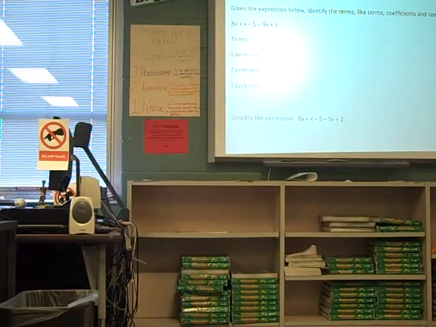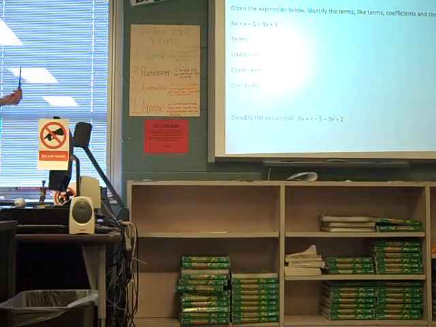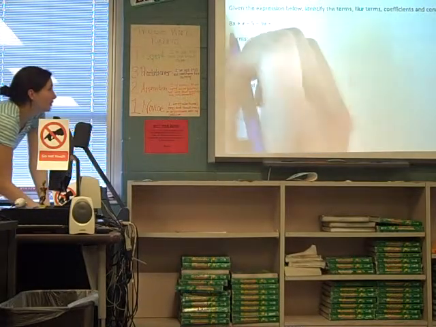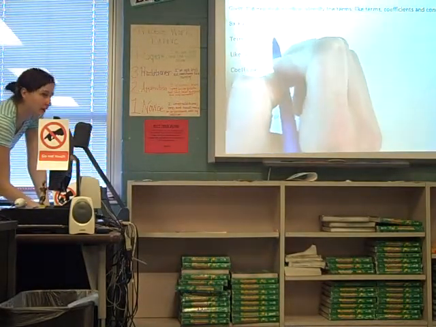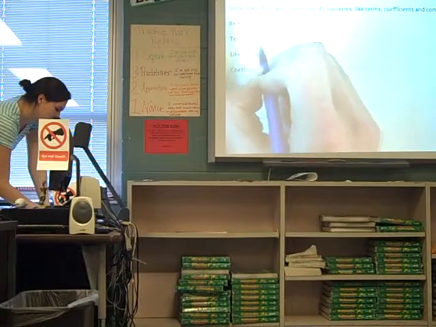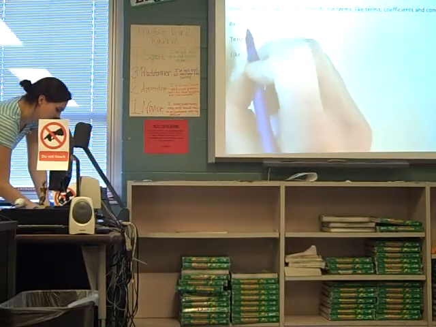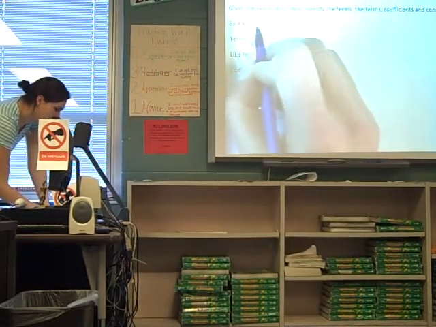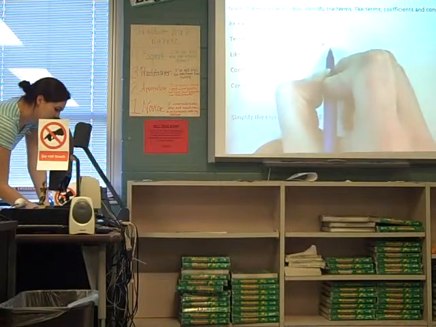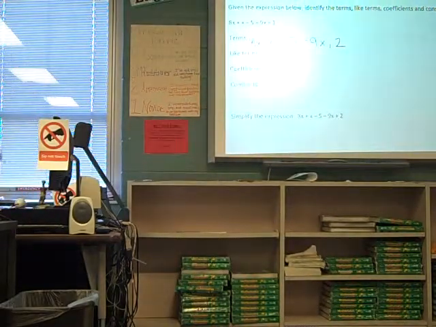So it's 8x plus x minus 5 minus 9x plus 2. My terms are all those things being added together. It's easiest if you write them down from left to right. So I've got 8x, x, negative 5, negative 9x, and 2. Those are all of my terms.